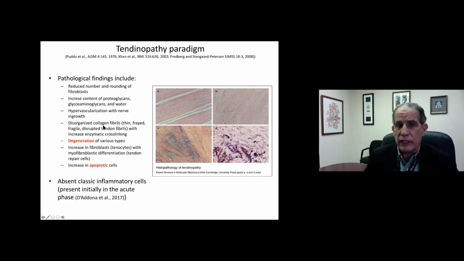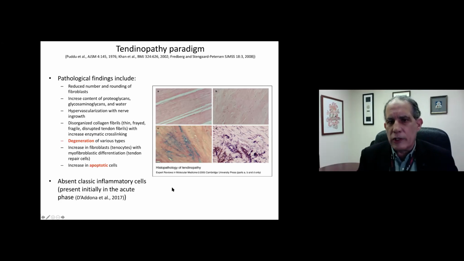There is disorganized collagen fibrils, those basic structural elements of the tendon. Degeneration of various types that is shown here. Increasing fibroblasts, and some cells that are apoptotic cells. So these are not inflammatory cells. These are cells that have died or will be dying because of the process that we know as apoptosis.